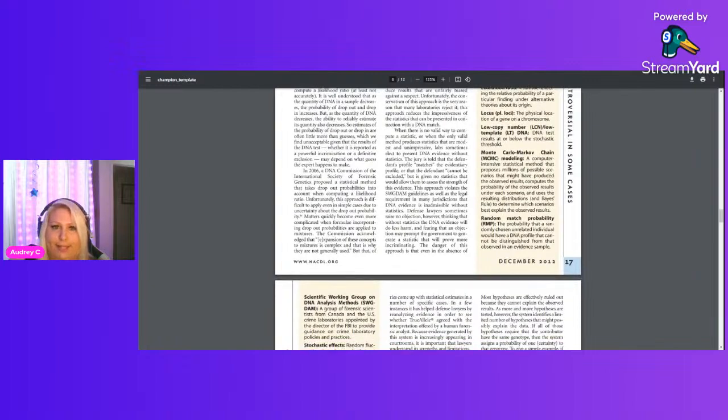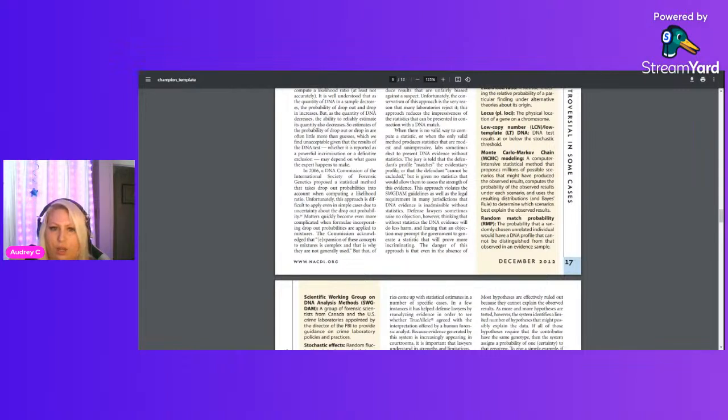In 2006, a DNA commission of the International Society of Forensic Genetics proposed a statistical method that takes dropout probabilities into account when computing a likelihood ratio. Unfortunately, this approach is difficult to apply even in simple cases due to uncertainty about drop in or the dropout probability. Matters quickly became even more complicated when formulae incorporating dropout probabilities are applied to mixtures.